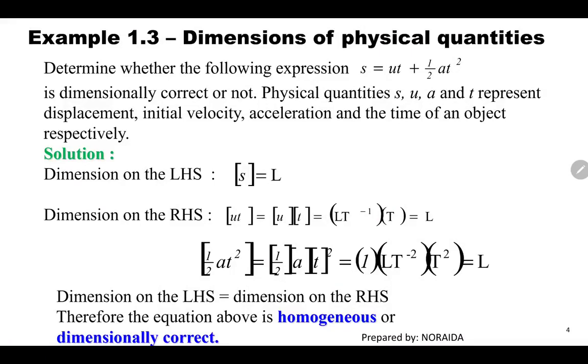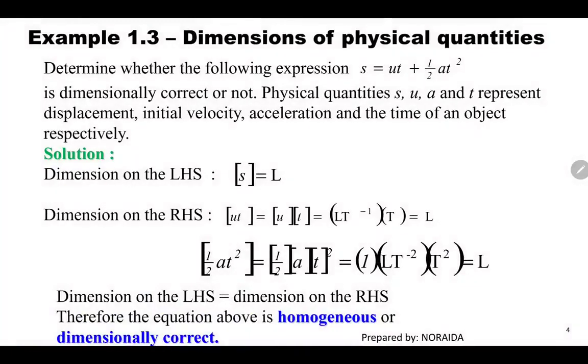So, dimension on the left-hand side, dimension of displacement is capital L. Dimension of initial velocity, U, is LT to the power of -1. Dimension of time is capital T. Therefore, dimension of UT is capital L.